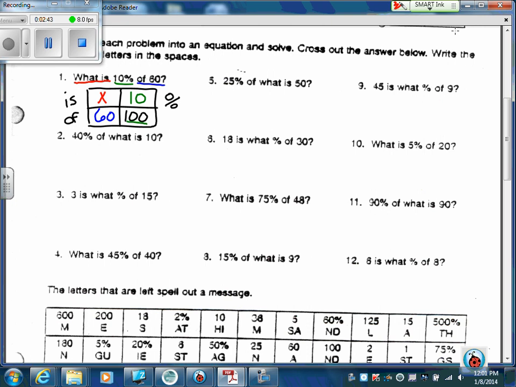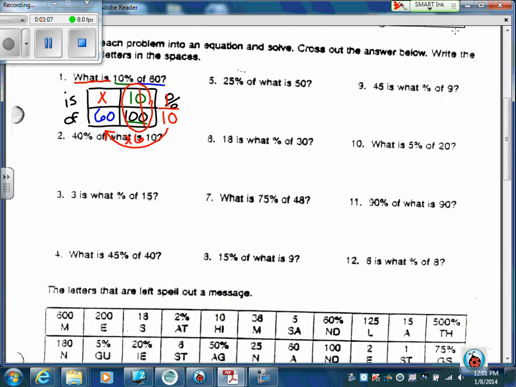If I'm looking at the number that I have in the top and bottom, and that's the 10 and the 100 right here, I know that I can cross out those zeros and I can find a base of 1 to 10. What I did now allows me to find a friendly scale factor, in other words, a way to jump from 10 to 60.